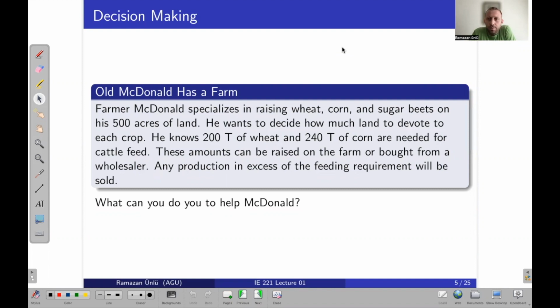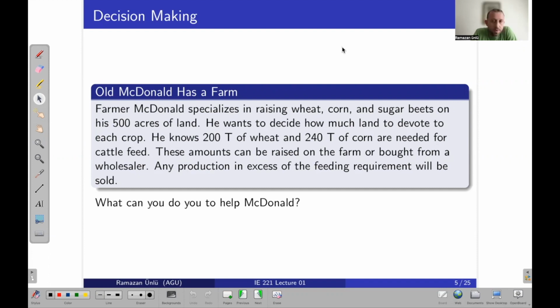Let's say you have a farmer and you specialize in raising wheat, corn, and sugar beets. And you have 500 acres of land. So you have to decide how much land to devote to each crop.